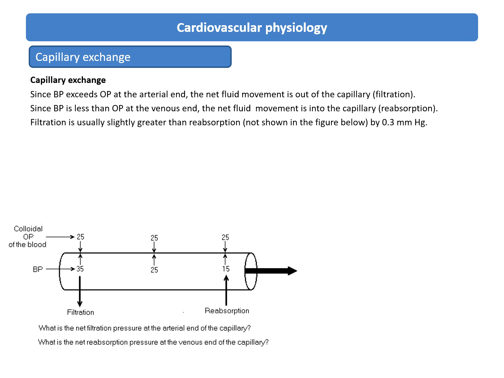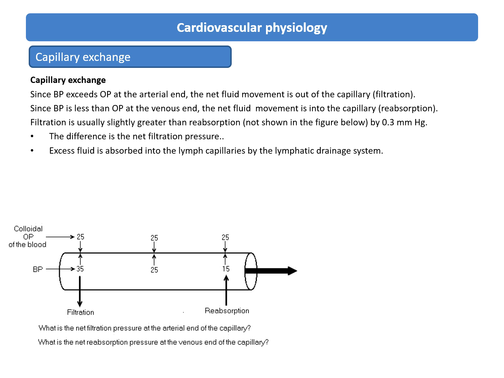Filtration is usually slightly greater than reabsorption, which is not shown in the figure. It's roughly 0.3 of a millimeter mercury greater. The difference is the net filtration pressure. Excess fluid is absorbed into the lymph capillaries by the lymphatic drainage system, as we mentioned a moment ago.